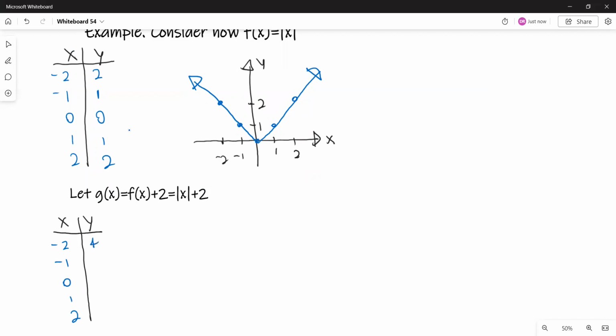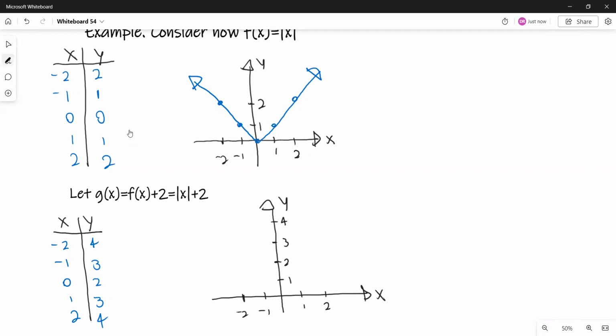So 2 plus 2 is 4, 1 plus 2 is 3, 0 plus 2 is 2, 1 plus 2 is 3, and 2 plus 2 is 4. Okay, let's plot the points. We got (-2, 4), (-1, 3), (0, 2), (1, 3), and (2, 4).